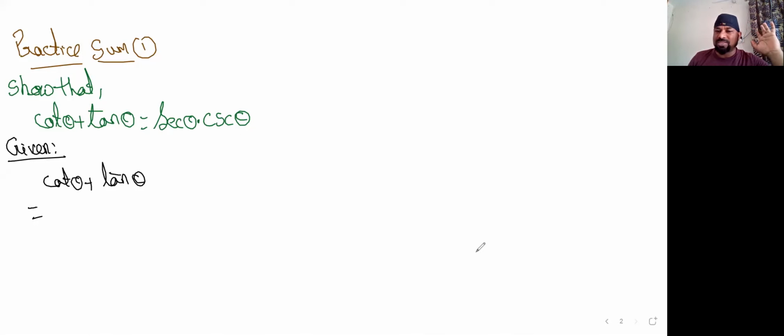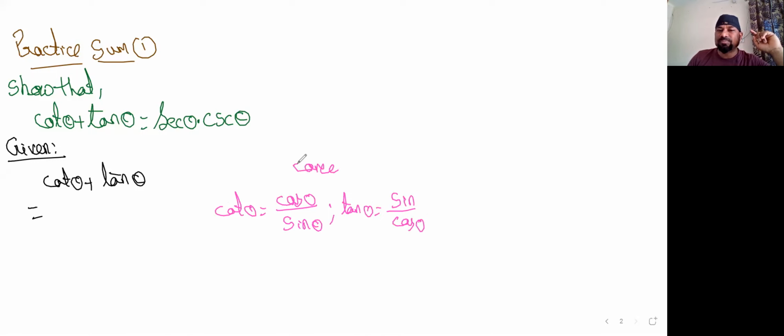If you check the formulas we have learned just now, cot theta can be written as cos theta by sin theta. In the same way, tan theta can be written as sin theta by cos theta. These are the two formulas from concept two.